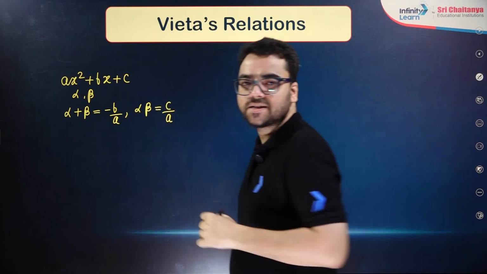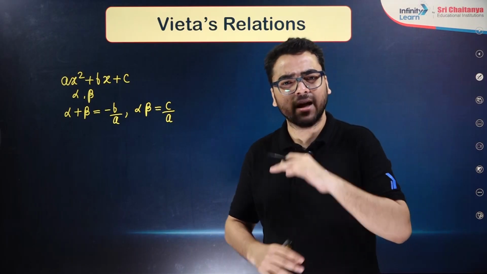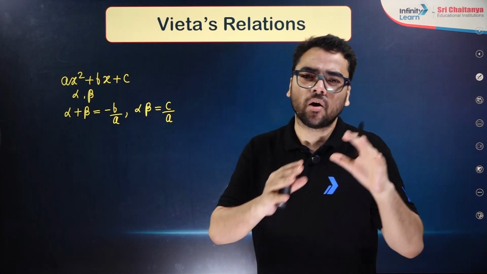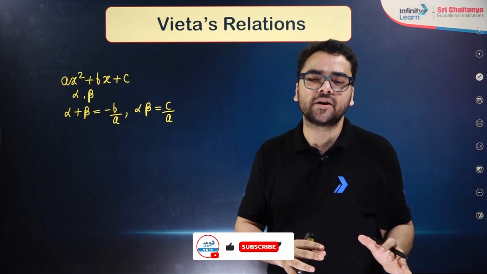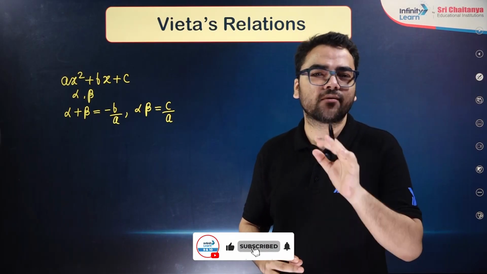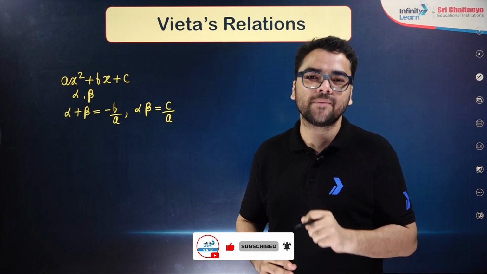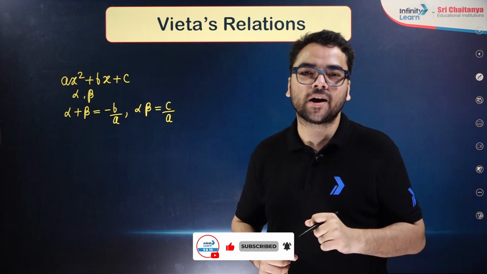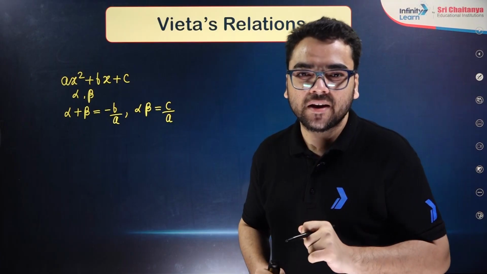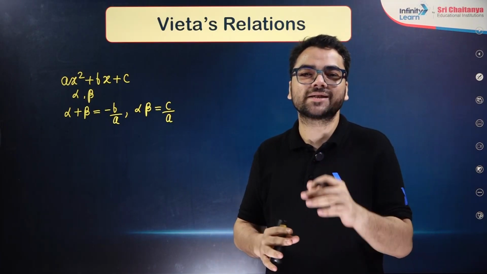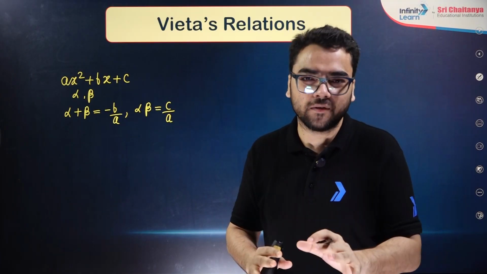I'm not discussing the derivation of it here. I did discuss the derivation many times on the Infinity Learn class 9 and 10 YouTube channel, why the sum of the zeros of a quadratic polynomial is minus b by a and the product of the zeros is c by a. Over here, I'm just discussing the pattern.